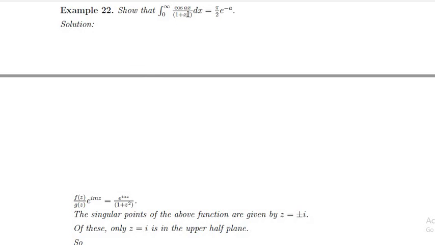Here it is given. The only thing is to replace x by z, and in the place of cos ax you write e raised to i a z. Here, in the place of m, it is given a. Just write e raised to i a z by 1 plus z square.